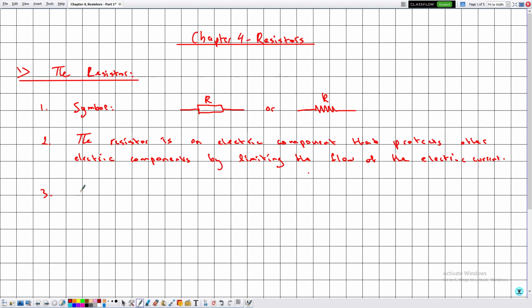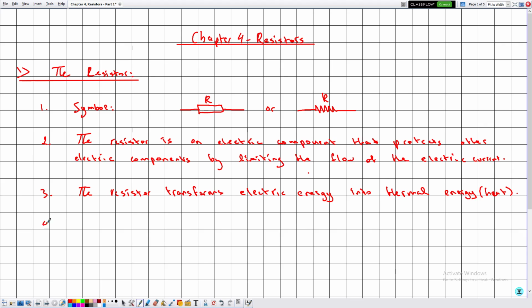Now also let me say that the resistor transforms electric energy into thermal energy. And by thermal energy we mean the heat.